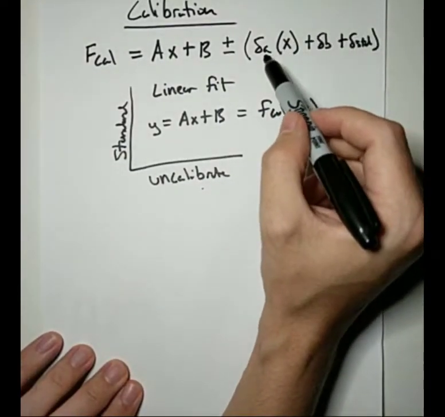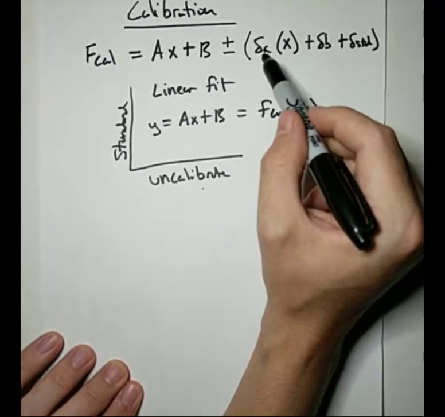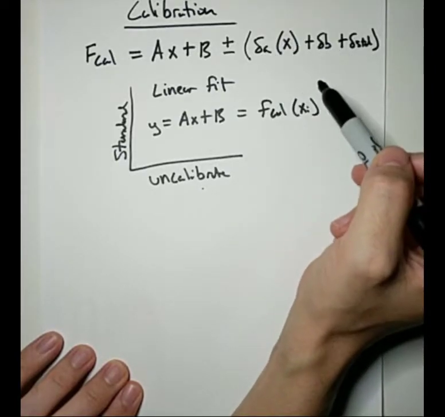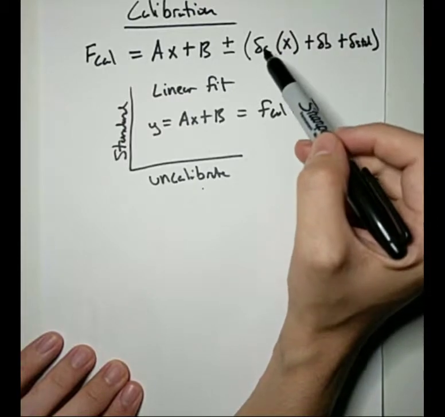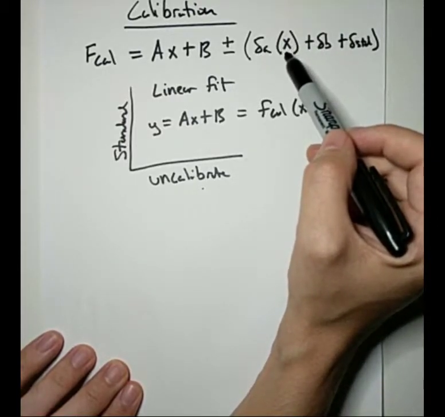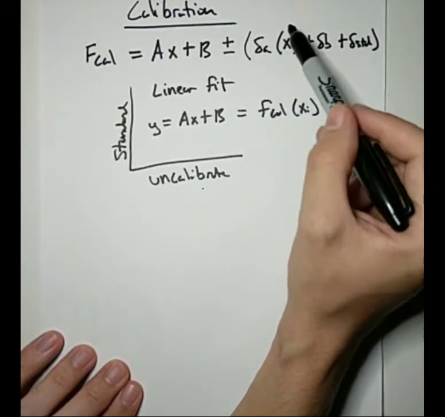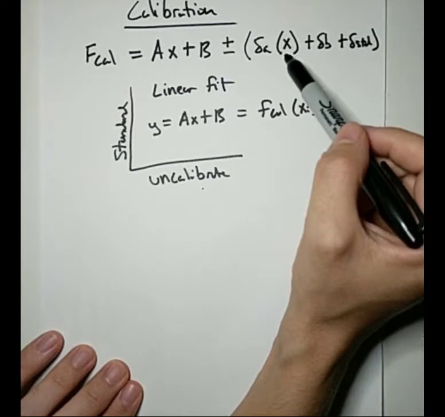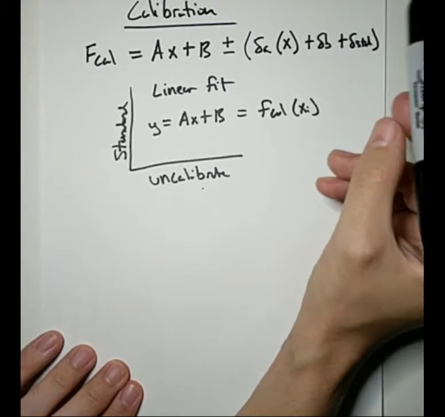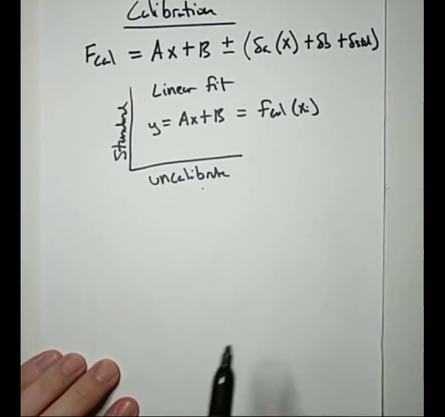So then you've got to do an uncertainty analysis. So you've got to calculate these del A and del B. So del A, again, is the scale uncertainty, and it's called that because it's being multiplied by whatever your readings are. So it increases as your actual measured values get larger. And del B is your offset uncertainty.